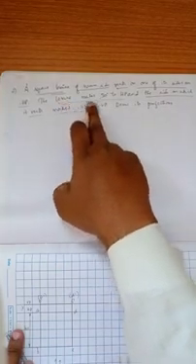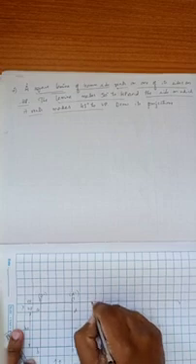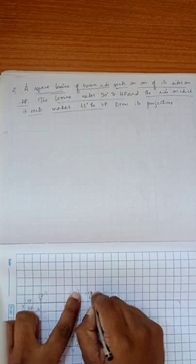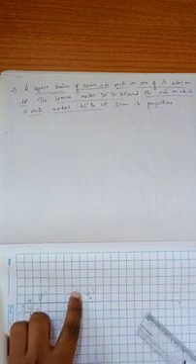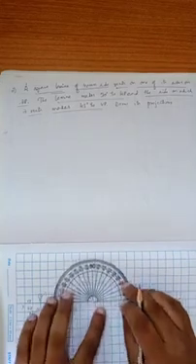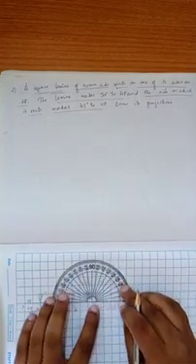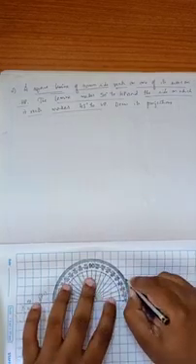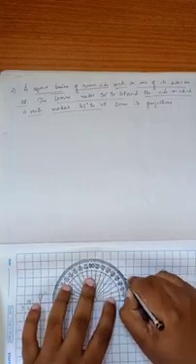You can see that the lamina makes 30° to HP. So first I will take a reference point here. The reference point is B dash and A dash. Now we have to show the inclination here, so we take a 30° inclination. Exactly mark it here, mark 30°, and draw a straight line.